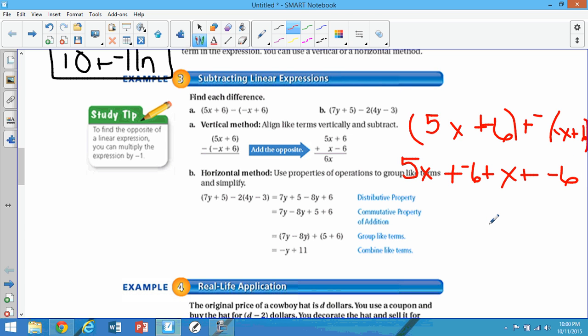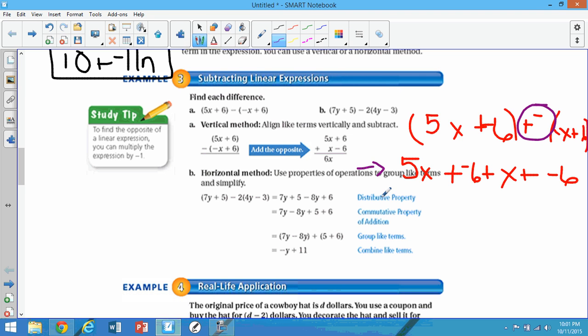After you've done that, because you have to show me that, I am not going to let you not show that. You are going to be required to rewrite this like this. You're essentially distributing a negative across the second binomial. So you have 5x plus negative 6 plus x plus negative 6.